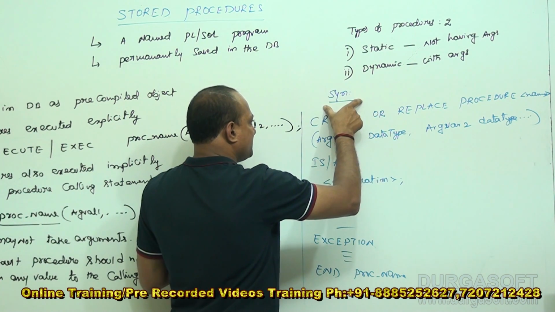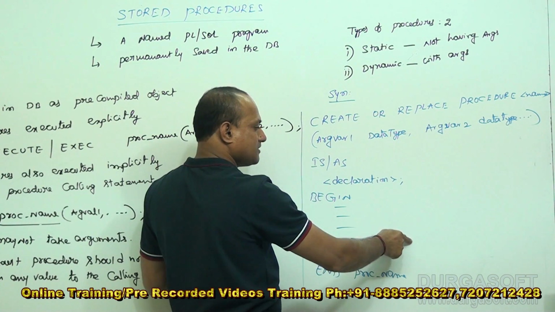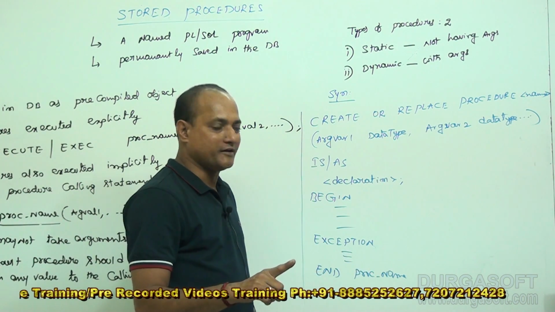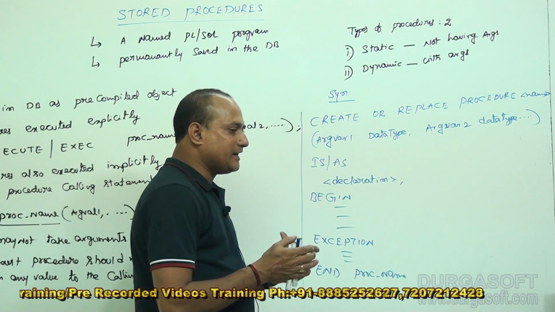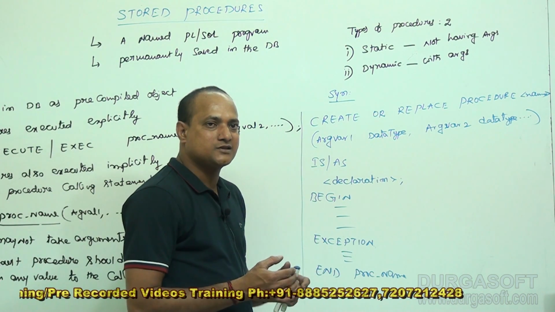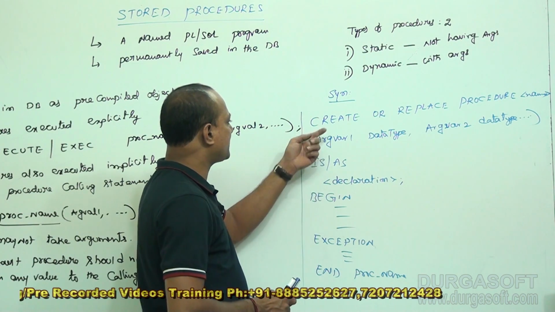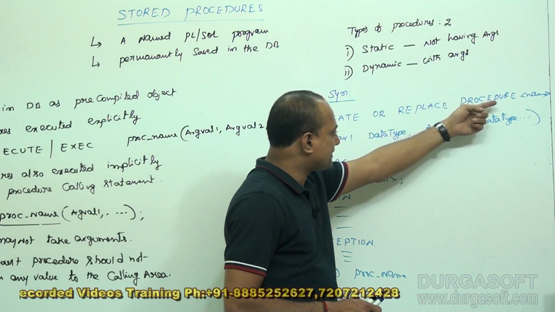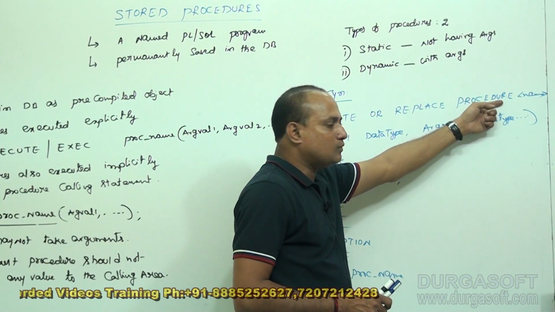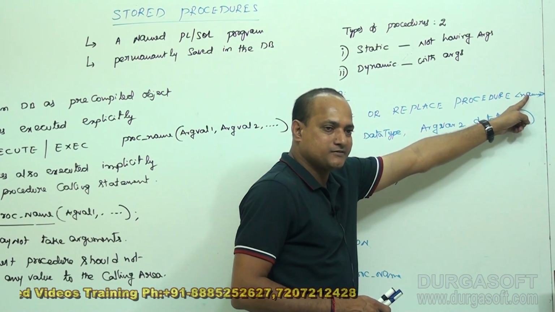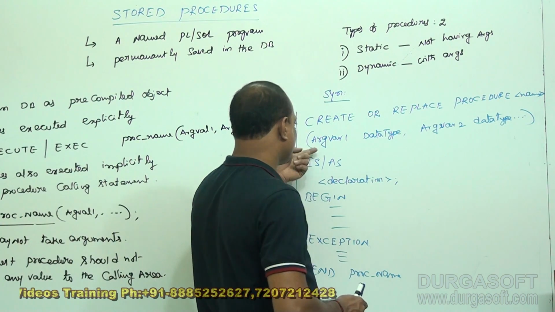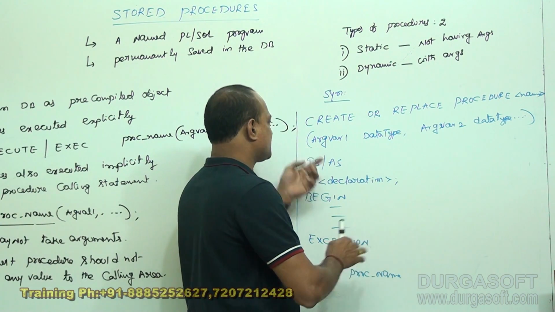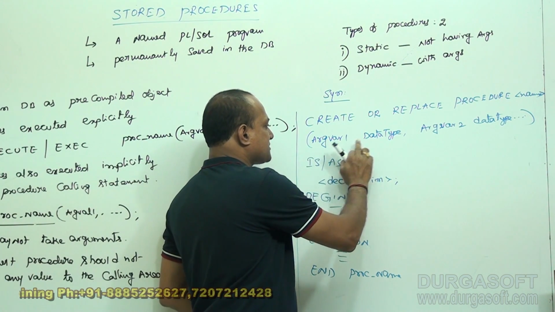You are creating procedure inside database. So procedure is called as database object. First point. To create any database object, we must use create command. So here I am using create command. So creating, what you are creating? Procedure. What is the name of the procedure? Specify the name. And after that, you pass runtime input values. Specify the variables here.